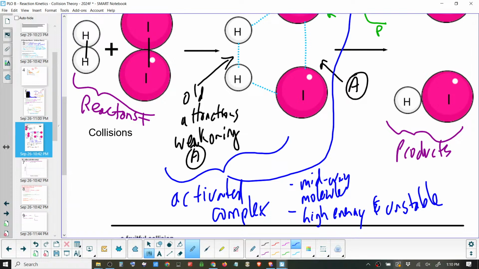What kind of energy is it high in? It is activation energy, but is it potential or is it kinetic? Potential. Because all of the graphs we're going to draw, most of them are potential energy graphs. So it is a high potential energy.